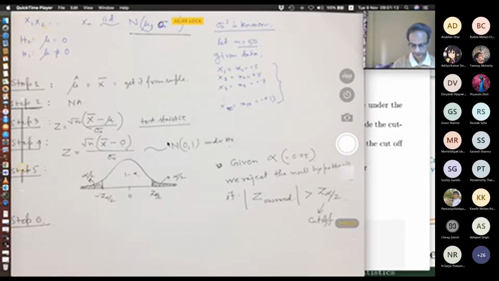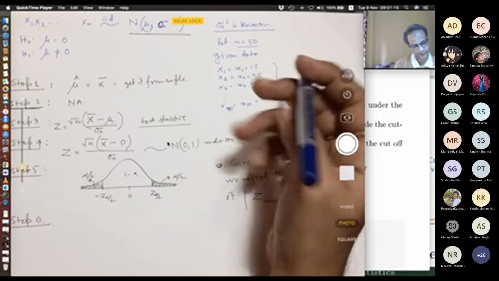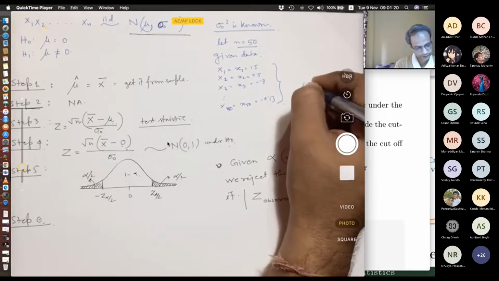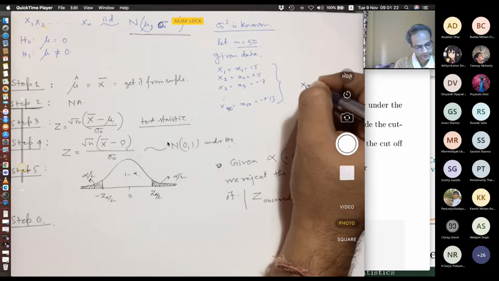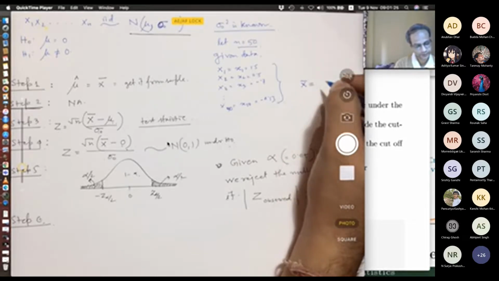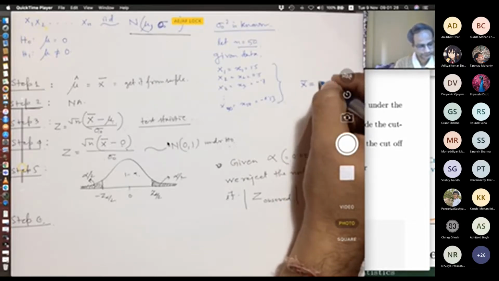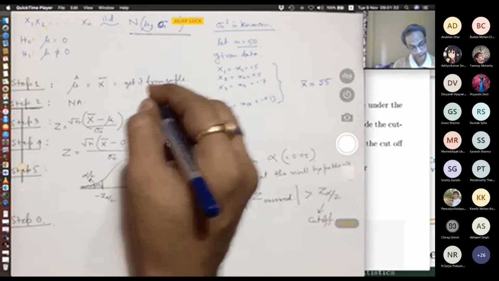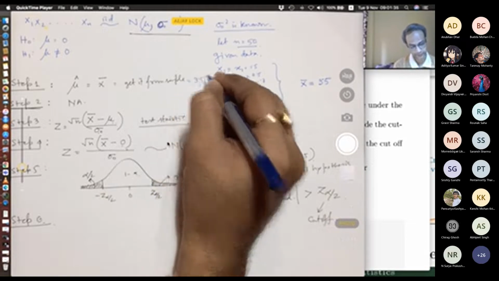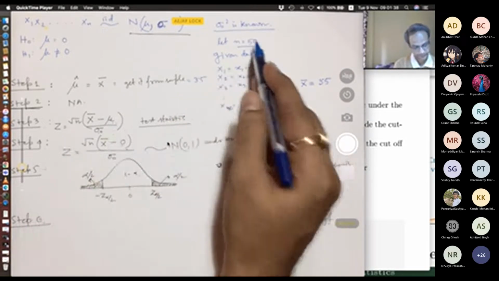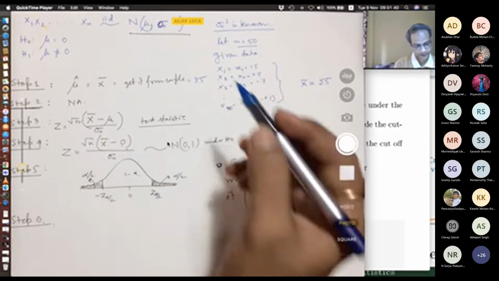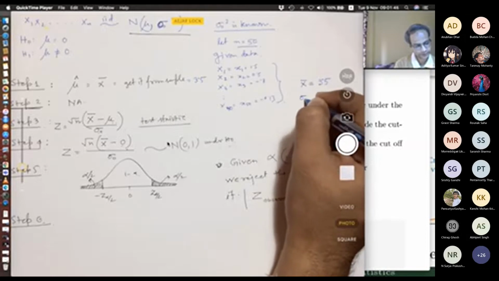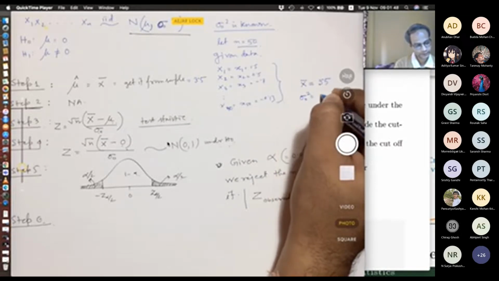So suppose in this case that whatever data you have been given, X bar you have got, say, 3.5. So from the sample you have got 3.5. N is 50. Sigma known, you can consider sigma naught squared equals 4.